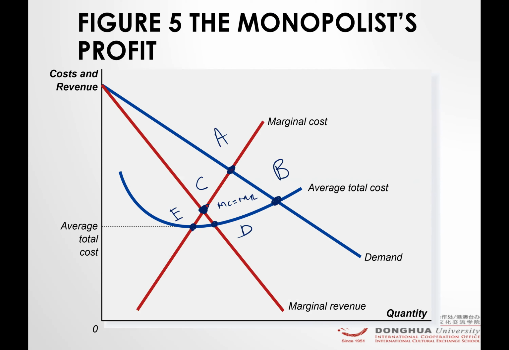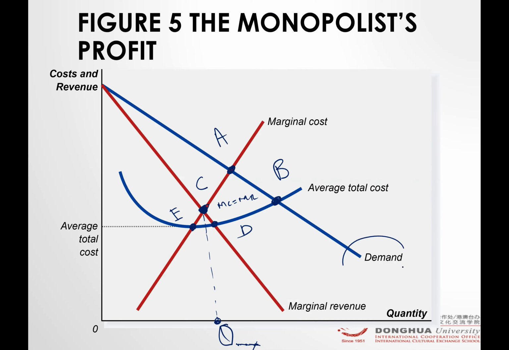So the purpose of finding MC equal to MR at point C is to find out the quantity that maximizes our profit, right? And from here, how can we find the profit? What is the price of producing Q max?